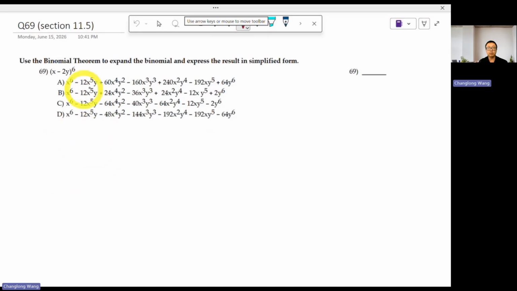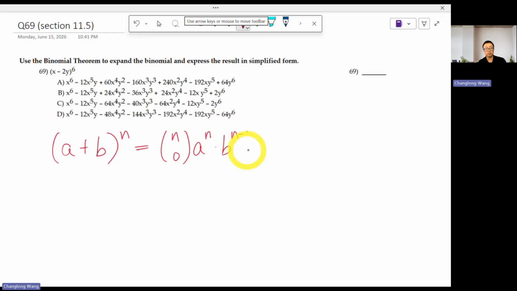Now, for the binomial expansion, what you need to remember is the general structure: (a + b) to the power n, and you're going to have n + 1 terms, right? They all go like nC0, a to the n, b to the 0, and you don't have to include b to the 0, it's just 1.